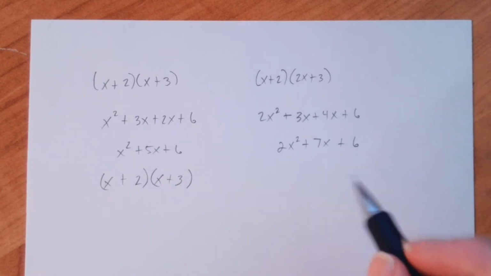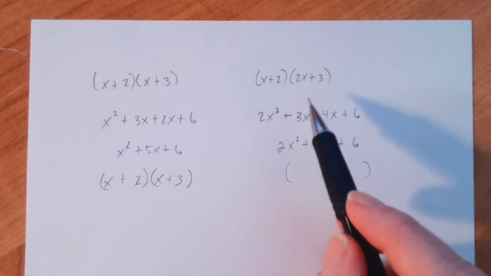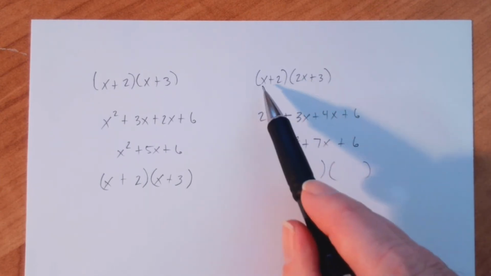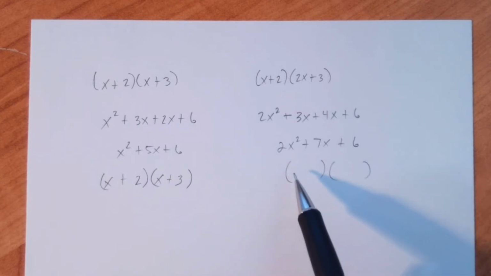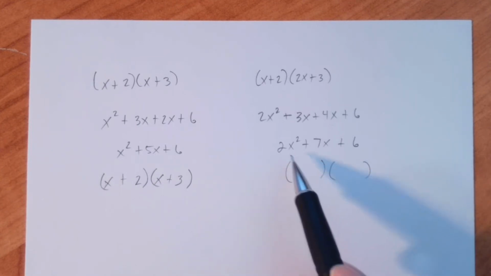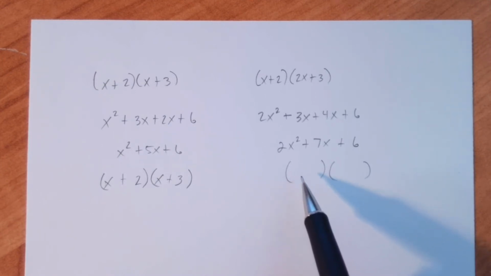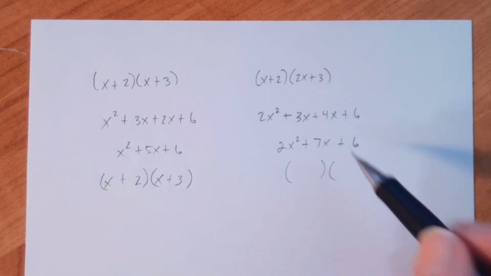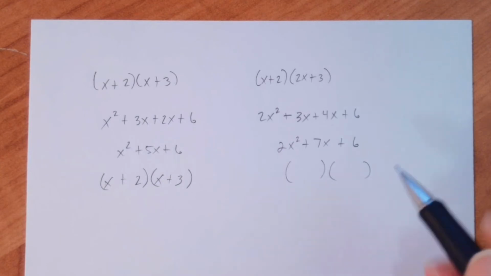Well, notice if we're trying to reverse this, we still have the product of these first terms gives us the 2x squared. So whatever's here and here will multiply to that. Now we do have the issue where order is important, because do I put the x here or the 2x here, and vice versa. But the main thing is these 2 numbers multiply to 2x squared.